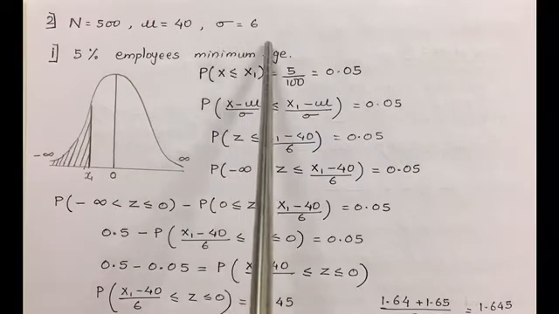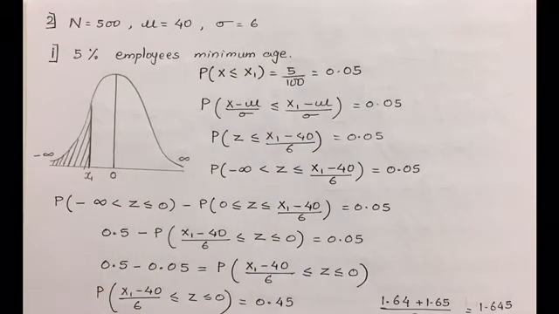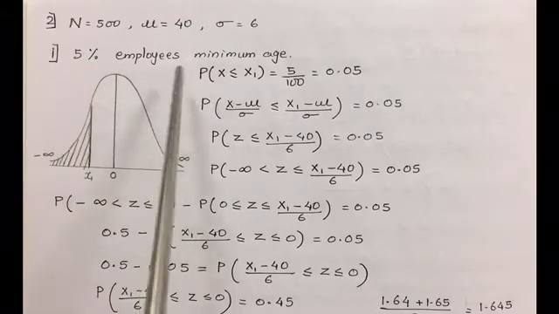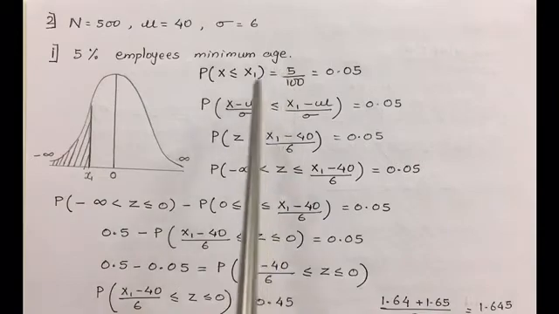Sigma given is 6 years. The company wants to reduce its staff by 25% in the following manner. The first one is to retrench 5% of the employees having minimum age.